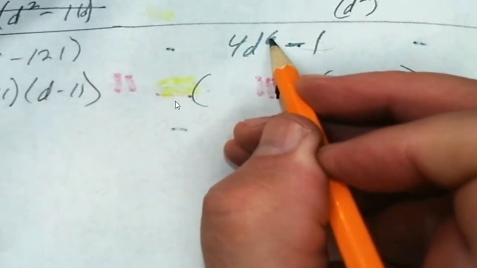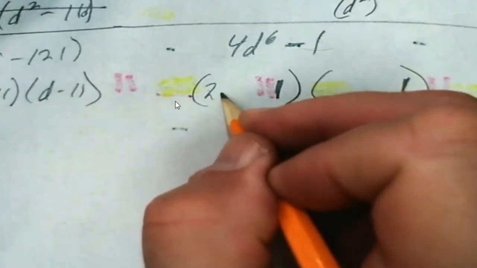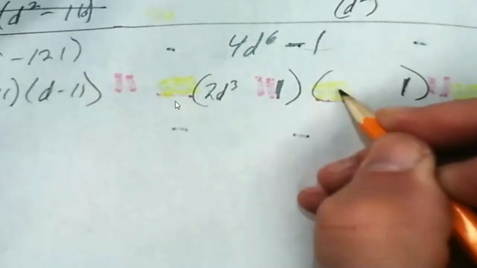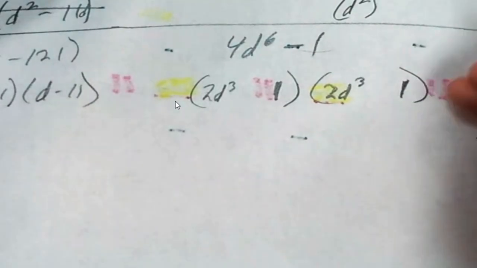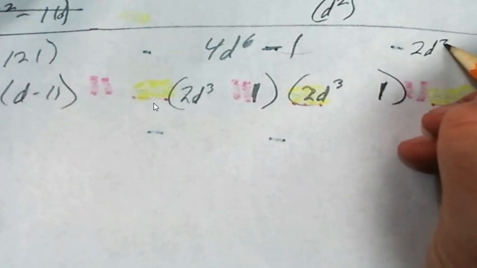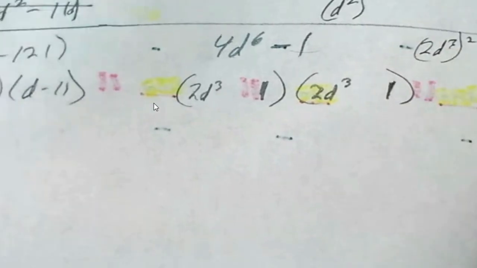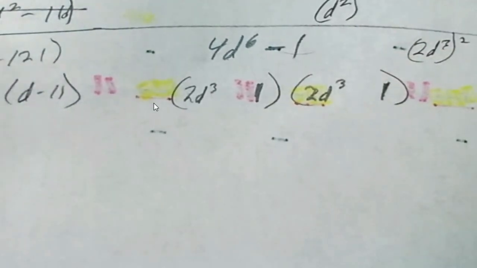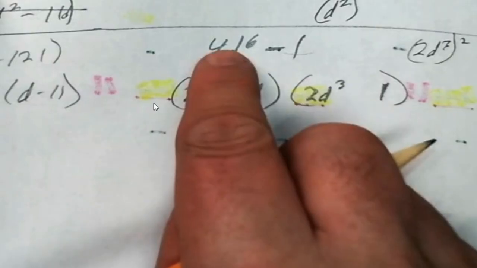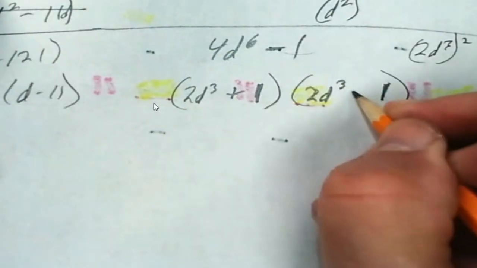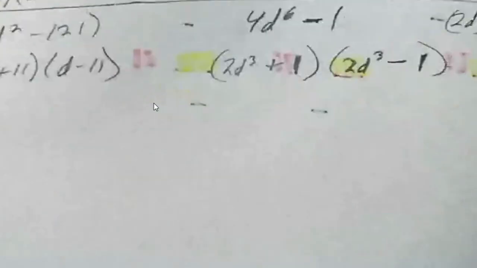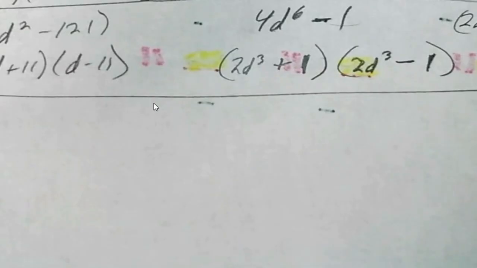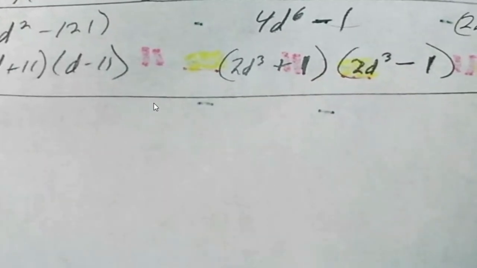And 4d to the 6th is 2d to the 3rd times 2d to the 3rd, so that's 2d to the 3rd squared. Remember, we can add these exponents together: 3 and 3 is 6. So it's 2d to the 3rd plus 1 times 2d to the 3rd minus 1. Factors really nicely there, and it doesn't factor any further than that.